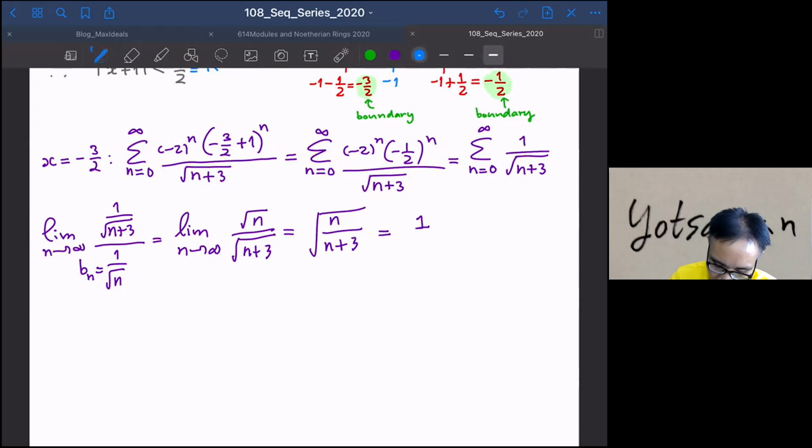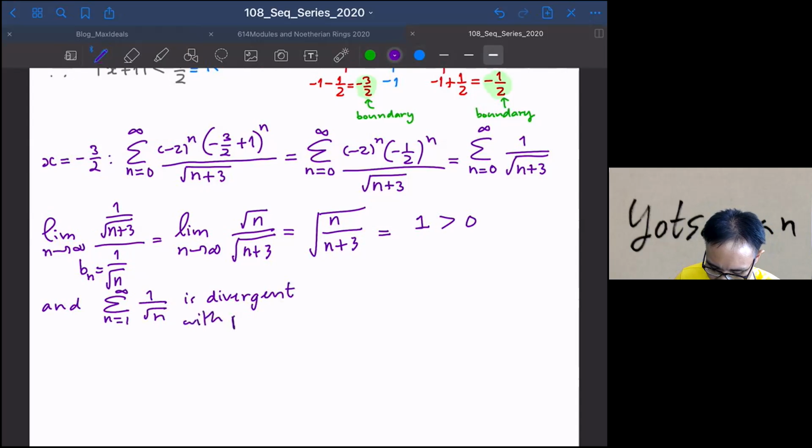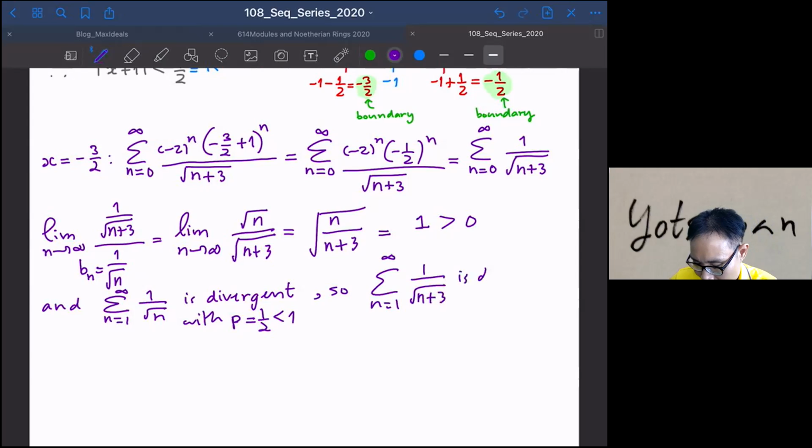So this one we're going to say this limit is more than 0, and the series n equal to 1 to infinity of 1 over root n is divergent with p equal to 1/2, smaller than 1. So we have the series n equal to 1 to infinity of 1 over root n plus 3 is divergent.